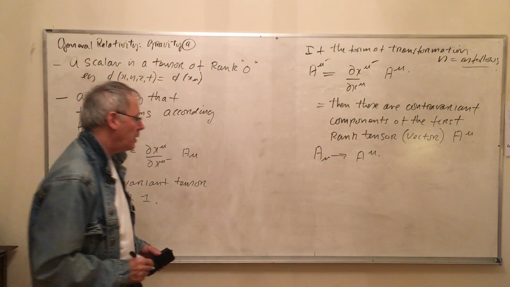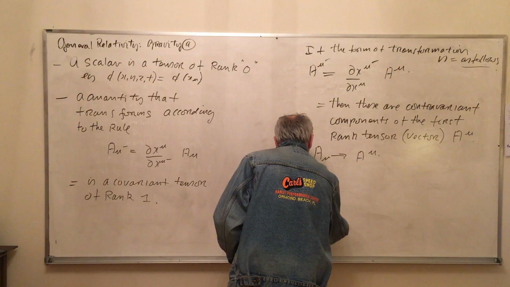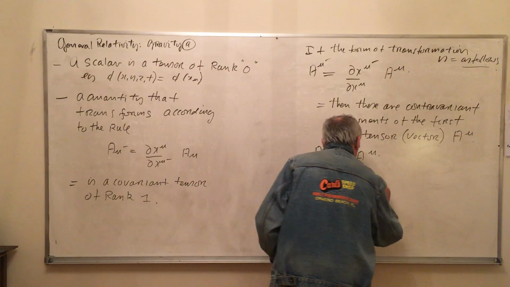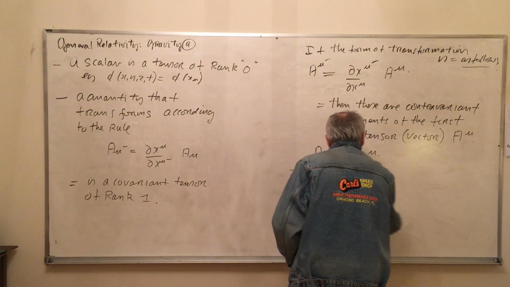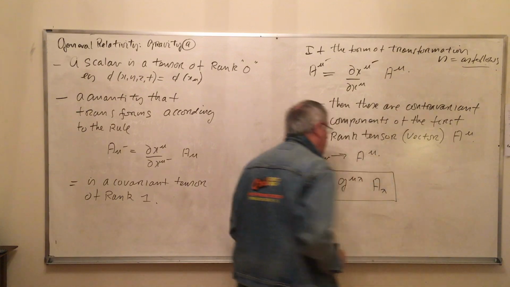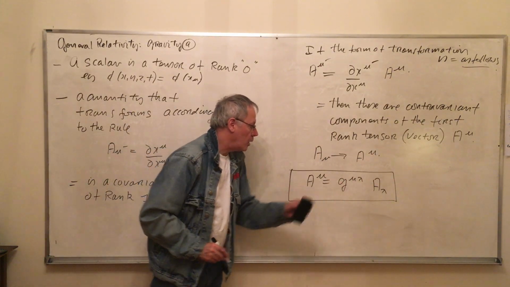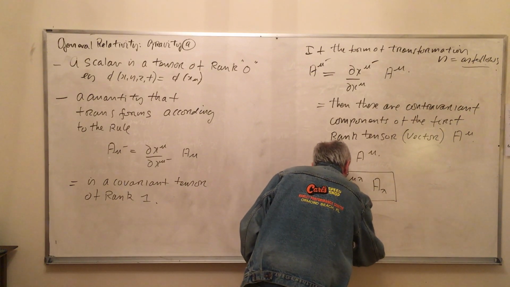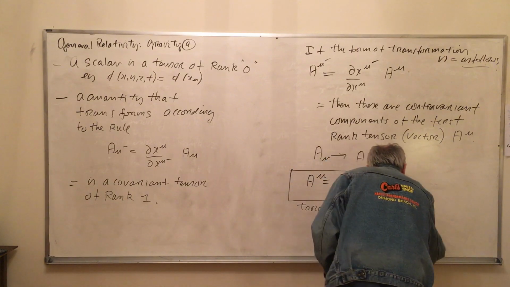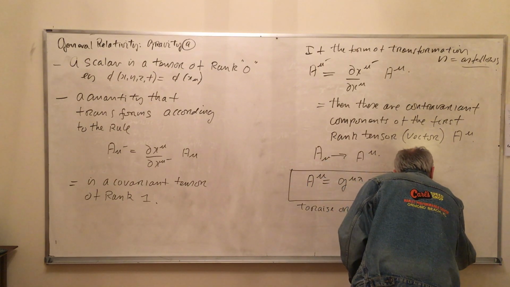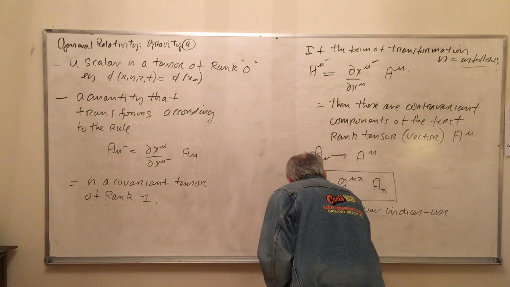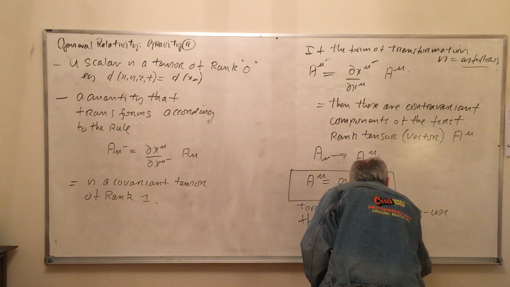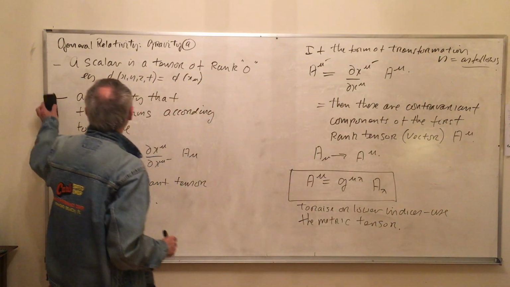And to get from one set to the other, we can go like this. They talk to each other. This is called raising and lowering indices. Now there's more we can say.